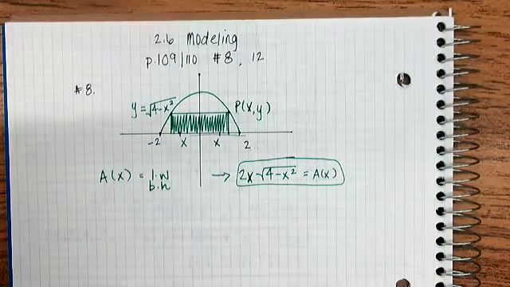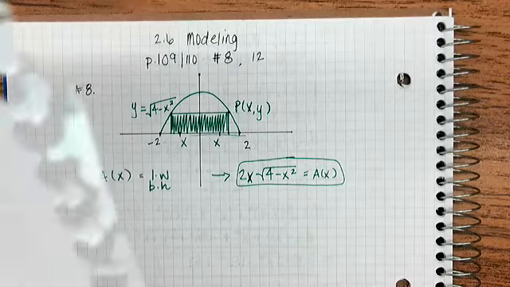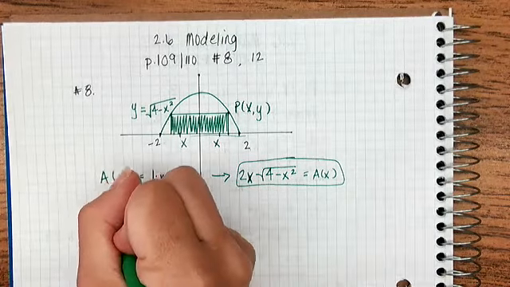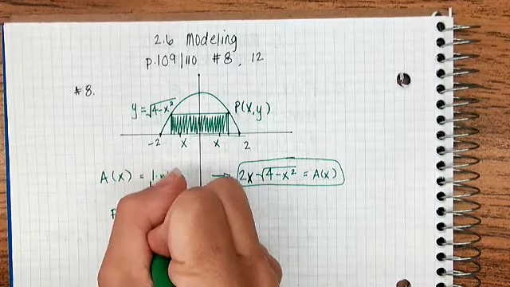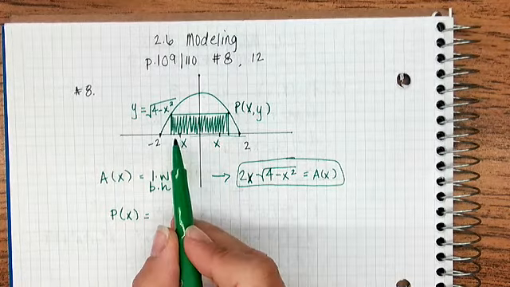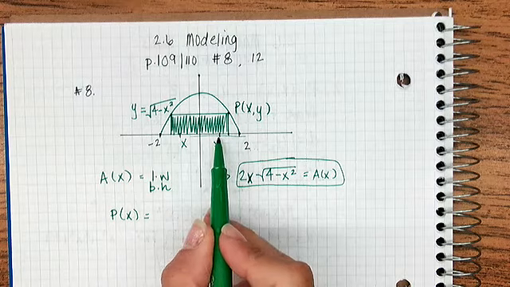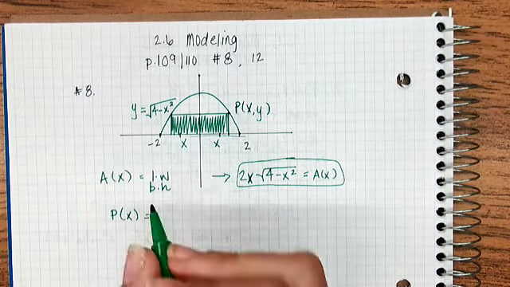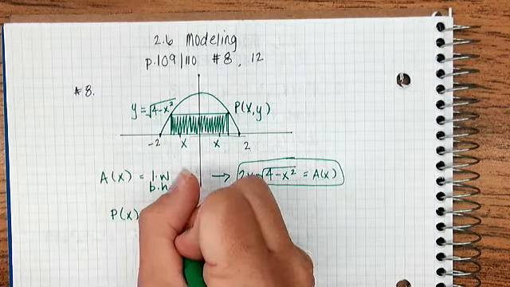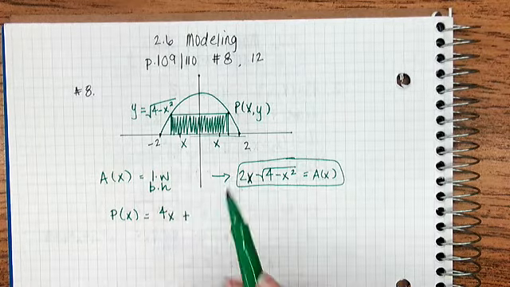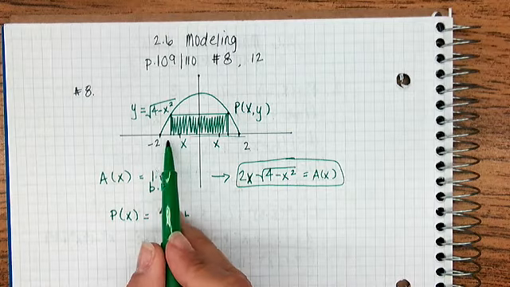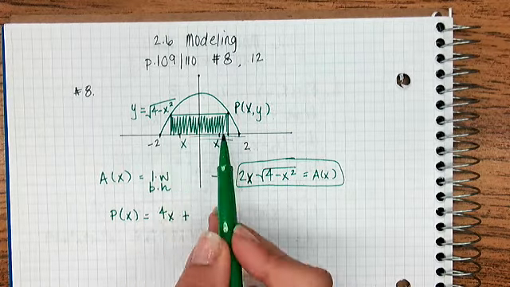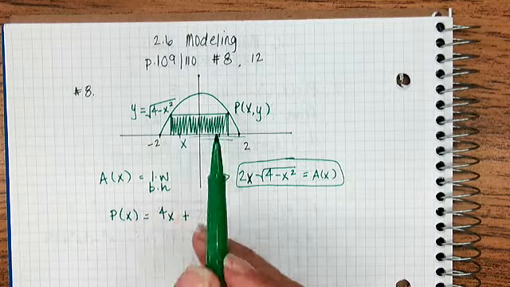All right. The perimeter is in the next part. So perimeter, add up all the sides. So for the perimeter, we have x, x, x, x for a total of 4x. I got that because the base, or the length, however you want to look at it, is 2x, and then at the top you have 2x as well.